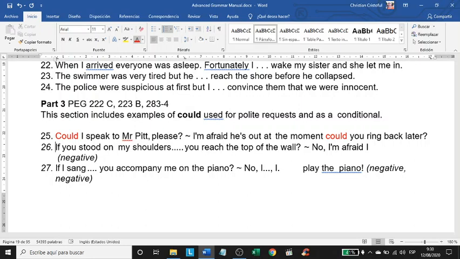Number 26. If you stood on my shoulders. This is conditional. If is conditional. If you stood on my shoulders, could you reach the top of the wall? So this is not a polite request. This is not a person with good manners.